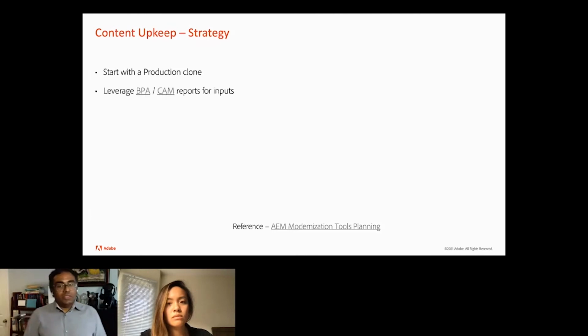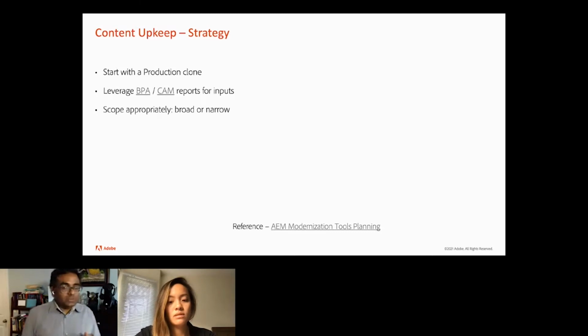Second, you can utilize the reports generated by the Best Practices Analyzer, and then you can feed those reports into Cloud Acceleration Manager, and Cloud Acceleration Manager gives a whole lot of recommendations, telling specifically that these are the pages that are using static components, these are the core components that you use, and you can take them as a starting point to scope your efforts, right?